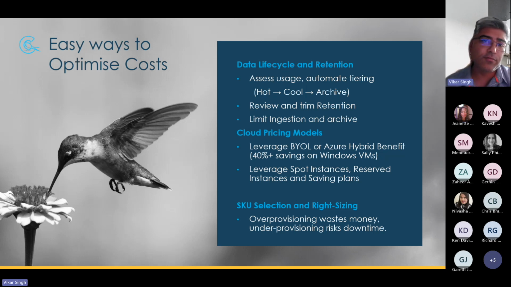If we kick this off with data lifecycle, like I mentioned on the previous slide, if we're keeping all data in hot storage, we're really burning a lot of cash. Just think about it. I think hot storage right now is about 15 cents a gig versus 0.2 cents for archive storage. So it's really important that we assess all our data and see what we actually need and where it can be stored to make things more efficient.